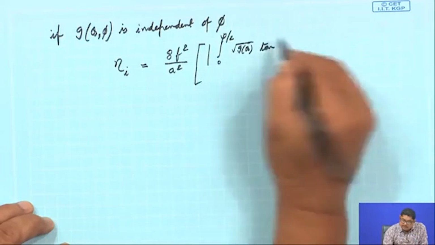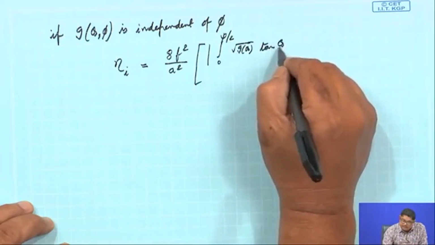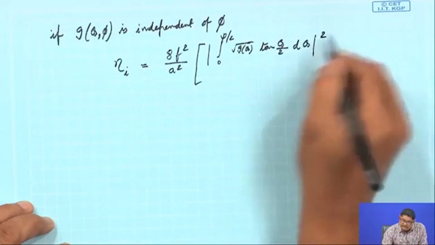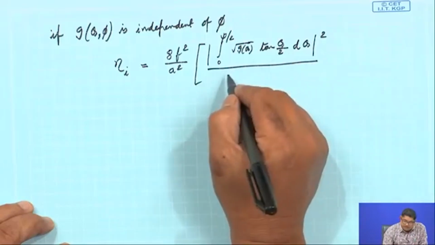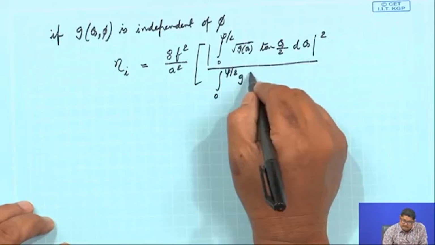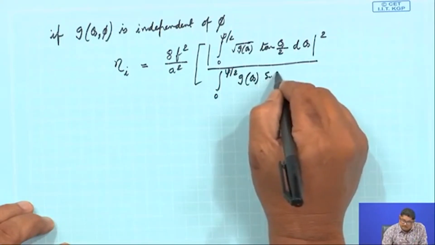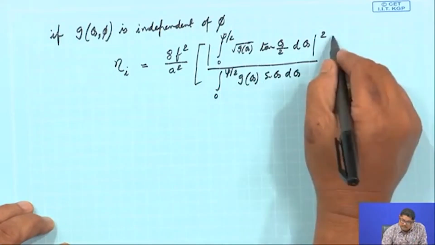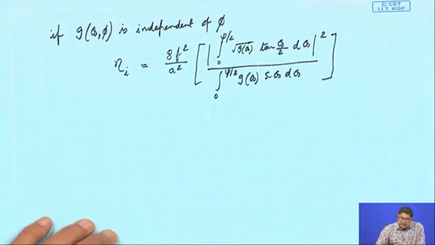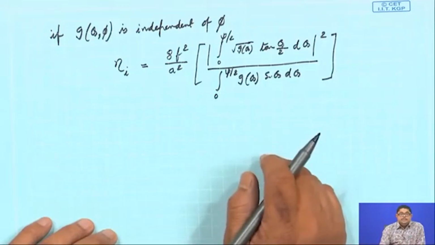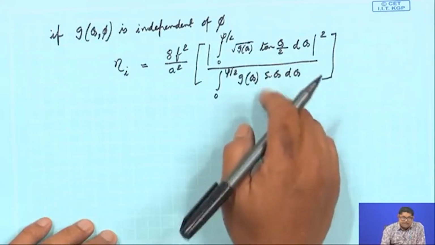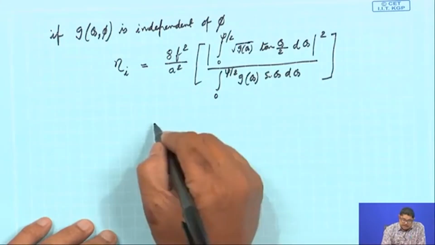Now g theta phi becomes g theta only. And if you see, when we found the f by d ratio, this expression can be related to the f by d ratio.